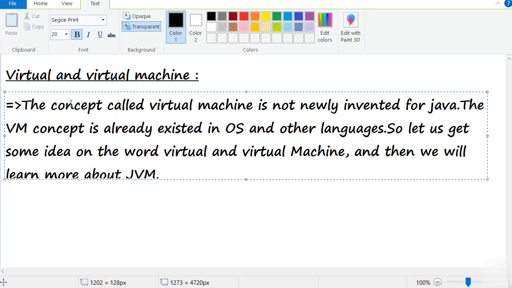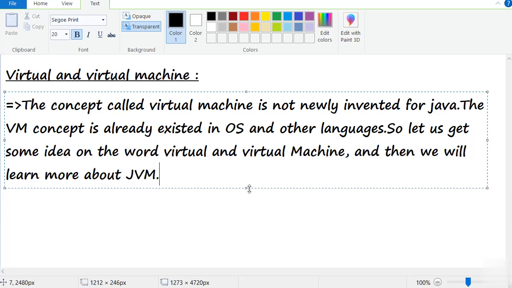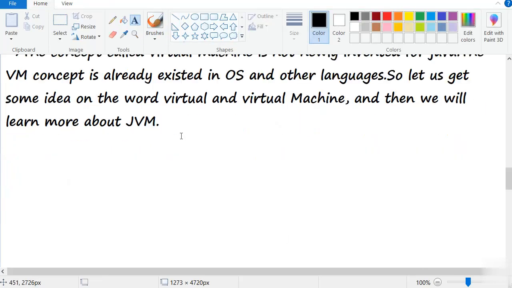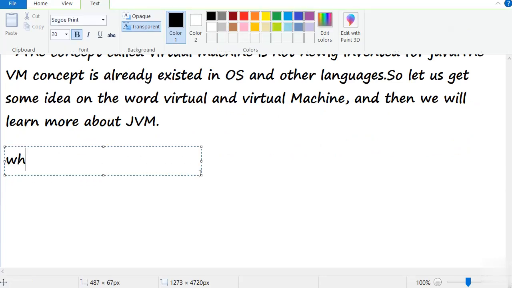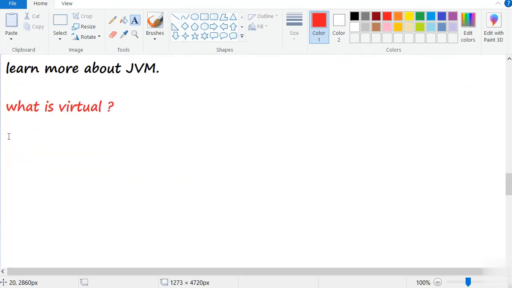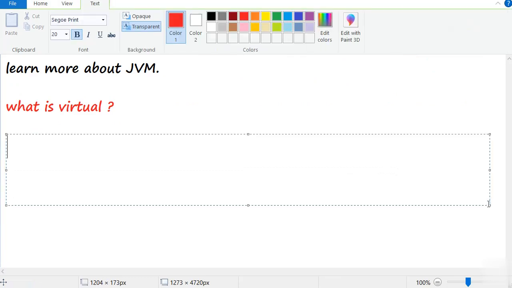So this point I have discussed with you. Next we have discussed what is virtual. If I make a note about all these points, then you will remember, you will not forget all these points. That's the reason I am writing in my paintbrush.